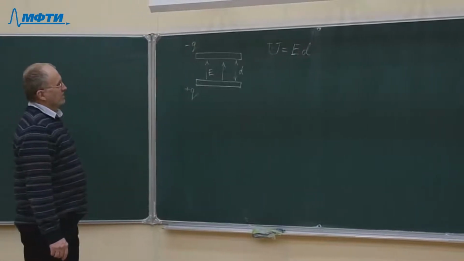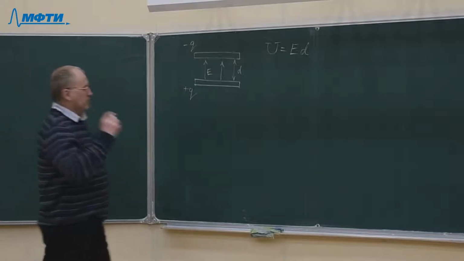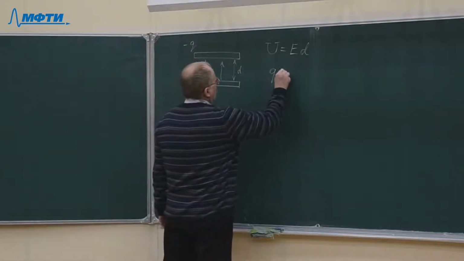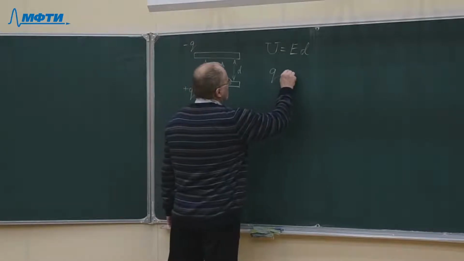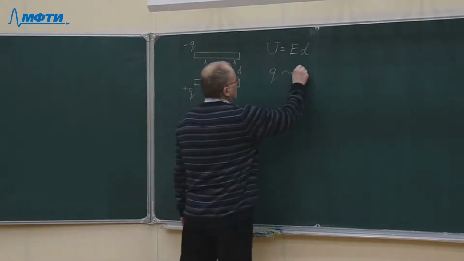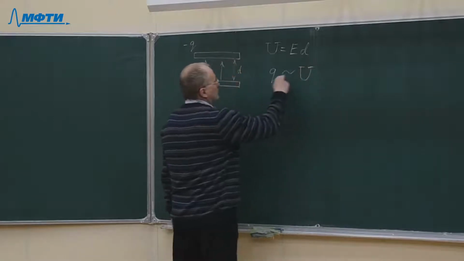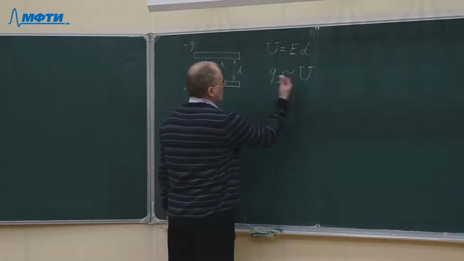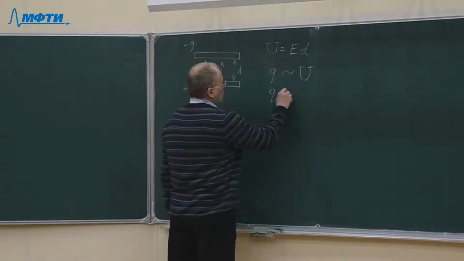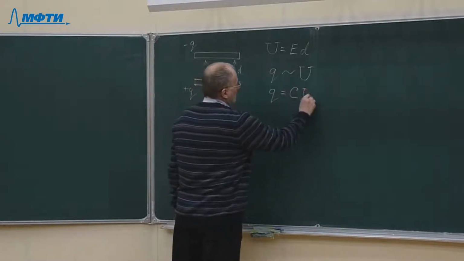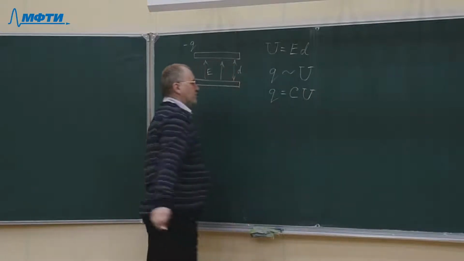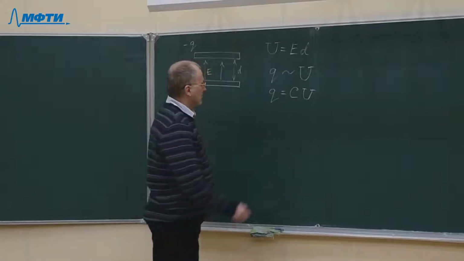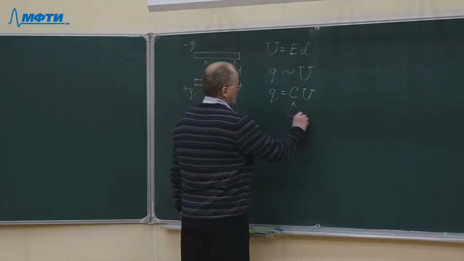We discussed it last time, and also we discussed that the charge of the capacitor is proportional to the potential difference. The larger the charge, the larger will be the potential difference between the plates. And so people introduced a coefficient of proportionality, which is generally denoted by C, and this coefficient is called capacitance. So this is a capacitance.